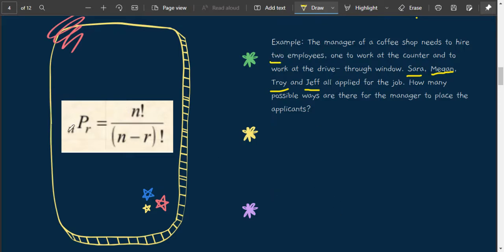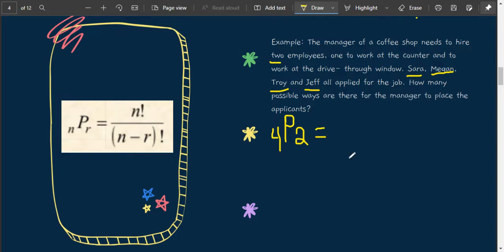So, laging tatandaan, ang N is the total number of objects na aayusin or persons na aayusin. Ang R is ilan lang yung kailangan. Taken at a time. Okay? So, dito, dahil 4 persons yung meron ka at dalawa lang every time yung pwede ayusin or pagpilian, meron ka permutation of 4 taken 2 at a time.